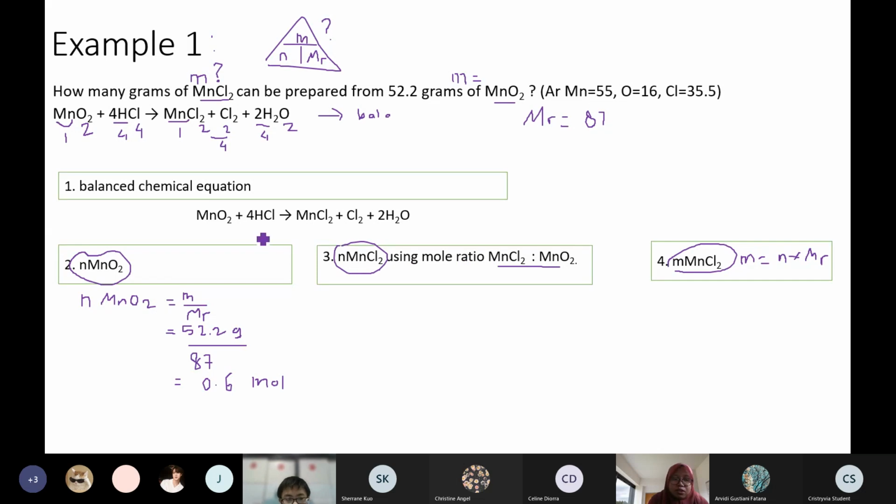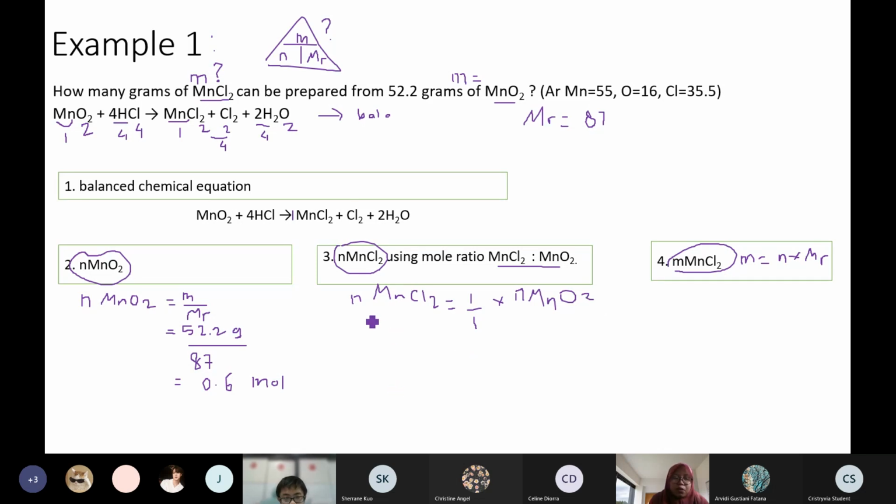What is the mole ratio between MnO2 and MnCl2? Moles of MnCl2 equals, we put the coefficient of MnCl2 on top, which is 1, over the coefficient of MnO2, 1, times the moles of MnO2, because we already know the moles of MnO2.